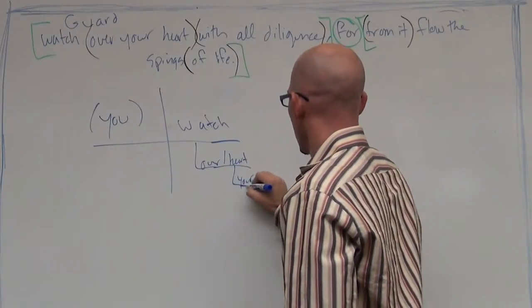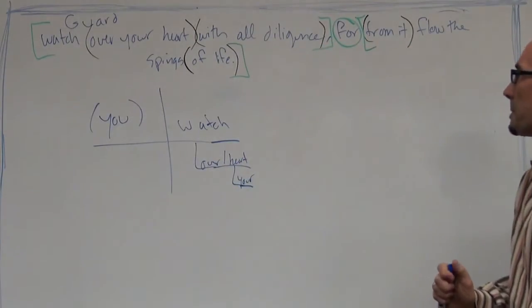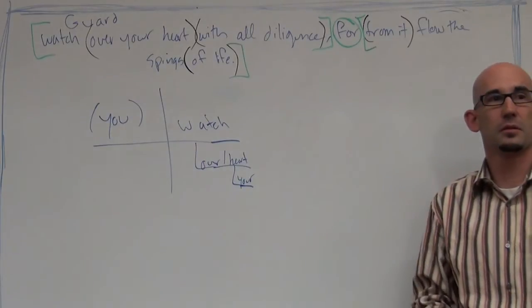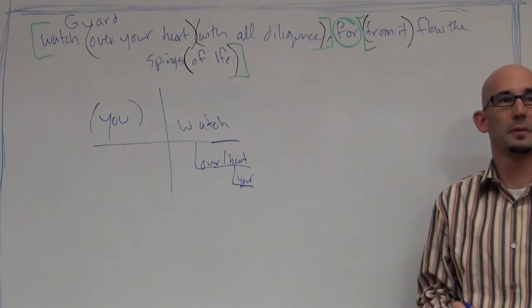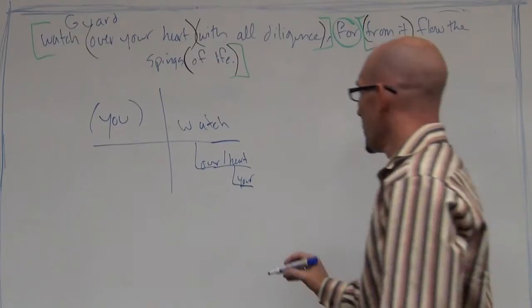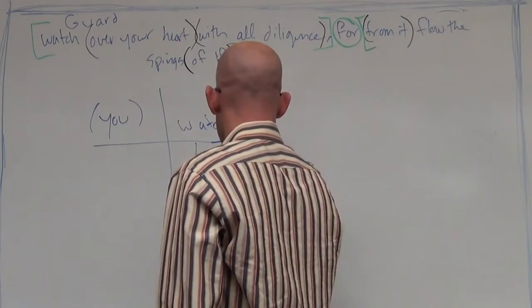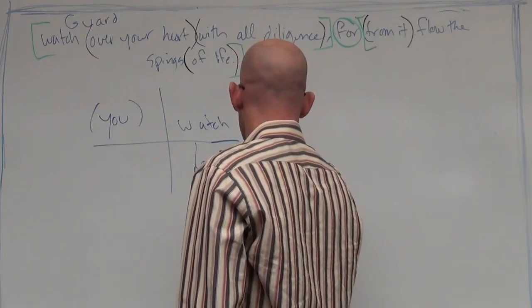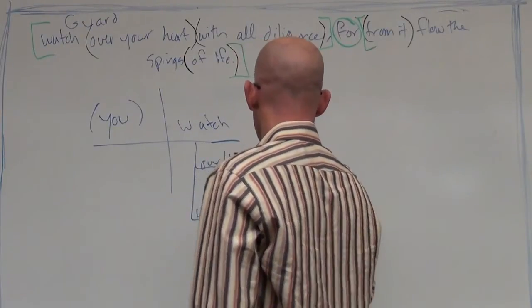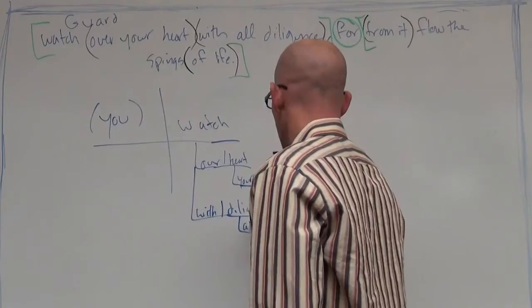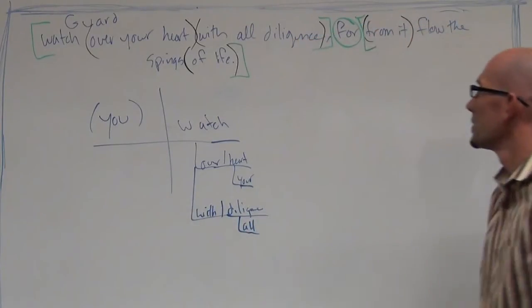Your heart. Okay. What about with all diligence? Okay, that's an adverbial prepositional phrase as well. Preposition, object line, object of the preposition. What kind of diligence? All diligence.